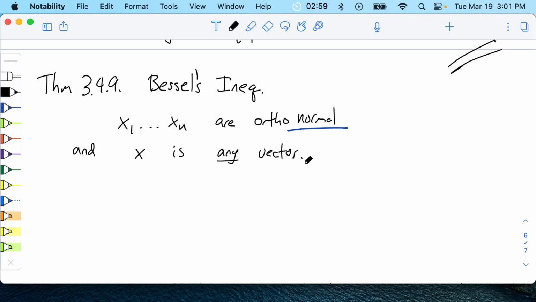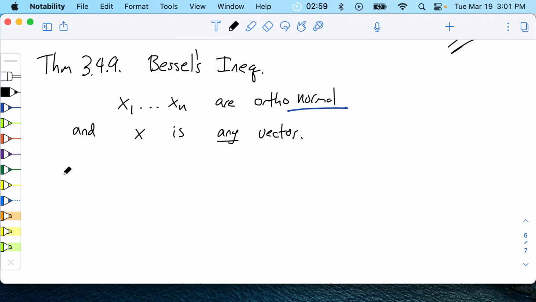And really, we're doing kind of the first step towards writing x as a linear combination of the x1 to xn's. It's not going to be an equality, it's going to be an inequality. And Bessel's inequality says if you do x, you might think it's related to the sum from i equals 1 to n of x inner product xi times xi.